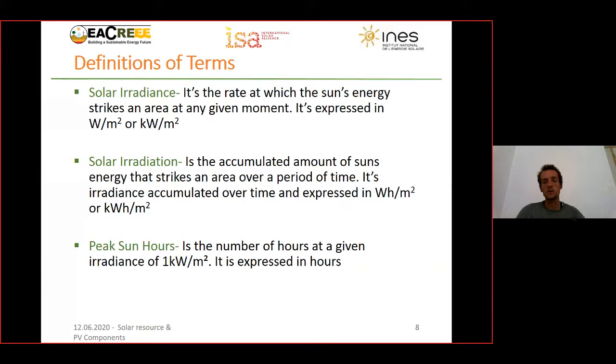So these are the three terms you might remember: power, which is solar irradiance; energy, which is solar irradiation; and number of hours at a certain power, which is peak sun hours. And these three terms are very often found in solar database, for instance. So it will be very useful for you to remember these terms.